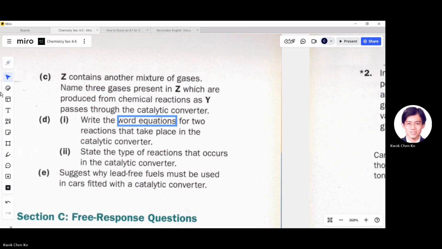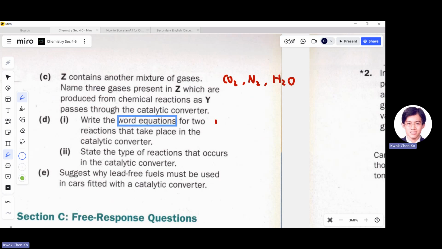Ethan? Okay, guys, by now you should be very, very familiar with the answers to these questions. These are the products of the redox reactions. Part D: equations for 2 reactions that take place in the catalytic converter. D part 1. Dylan?